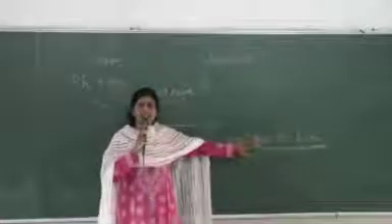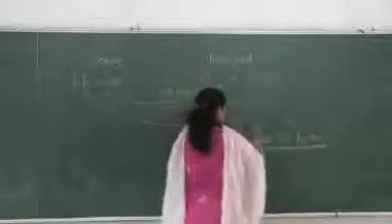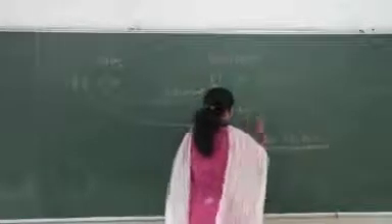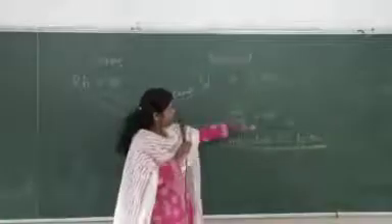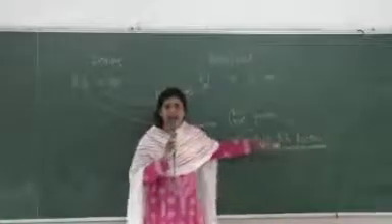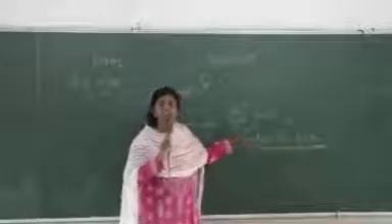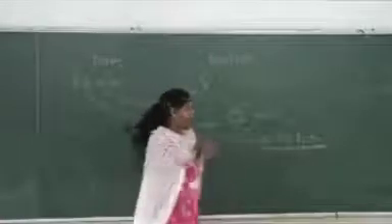Antibodies are there. Is it all right? Now the second transfusion. The second transfusion is also Rh positive. Is it clear? So Rh is there. Now this person has antibodies for Rh factor, which he didn't have before, but he has developed in the first transfusion. So antibodies are already there.